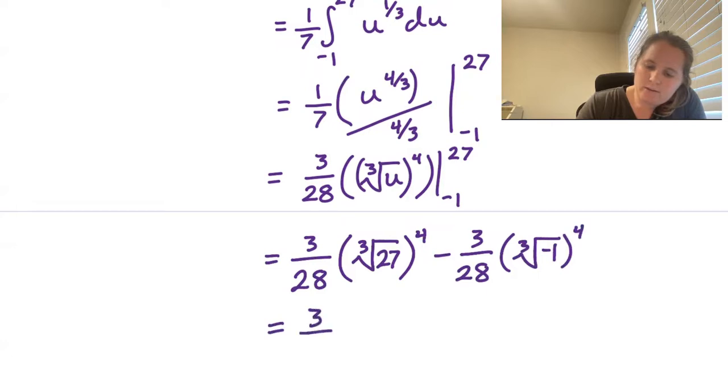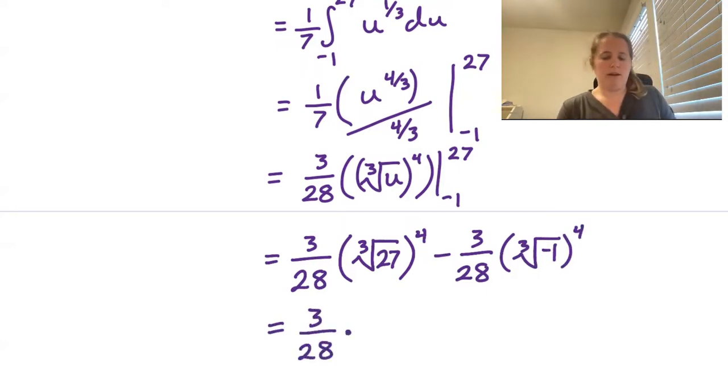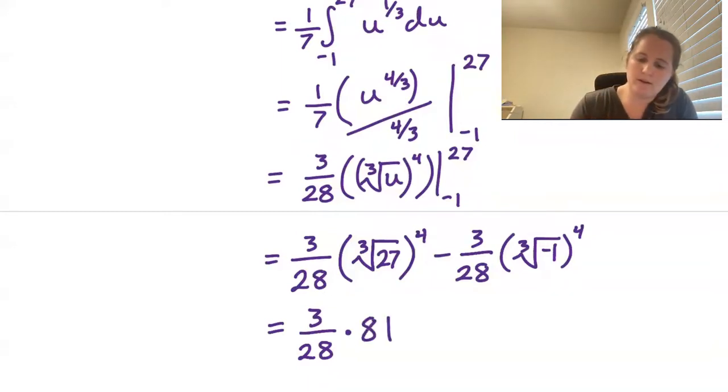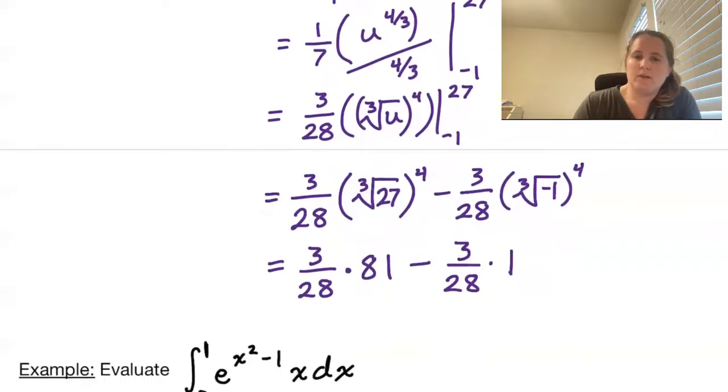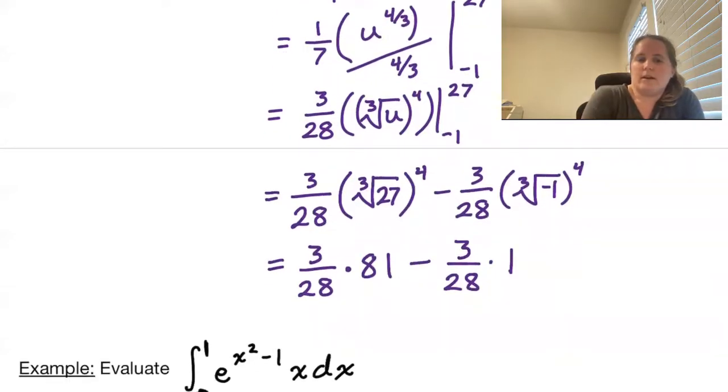So this becomes 3/28 times 81. Cube root of 27 is 3 raised to the 4th is 81. And we have minus 3/28 times cube root of -1 is -1 raised to the 4th is just 1. So this is 81 minus 1, or 80 times 3/28.